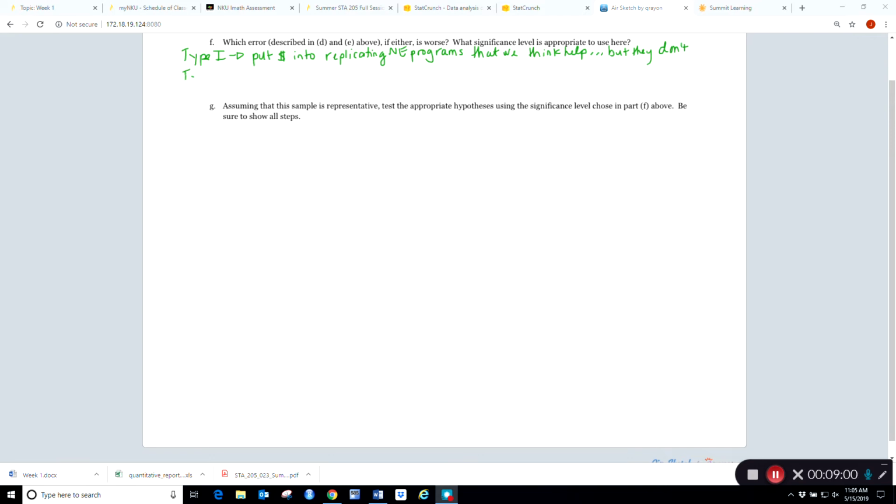What would a type 2 error look like? Well, we might be doing exactly the opposite. We might pull money from those Nebraska programs that we believe aren't helping, because we don't think that they're doing any better.